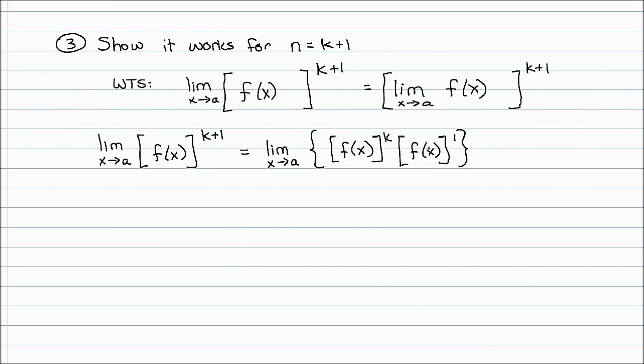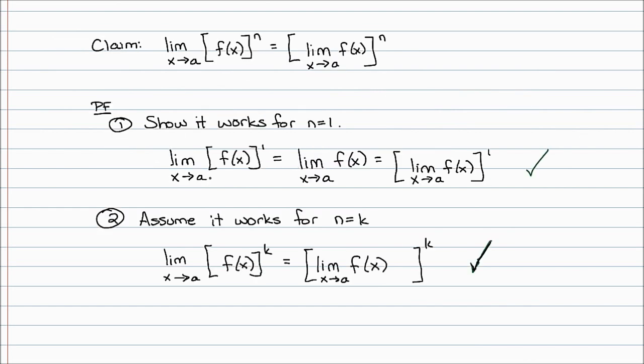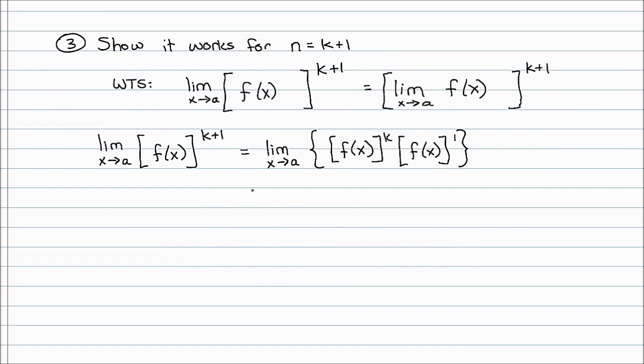That's the assumption with the entire proof, is that the limit as x approaches a of f itself exists. And we've assumed, back on this previous page, that the limit as x approaches a of the function to the kth power is equal to the kth power of the limit, which means that that limit also exists. So both these limits exist. I can now split this into two different limits.